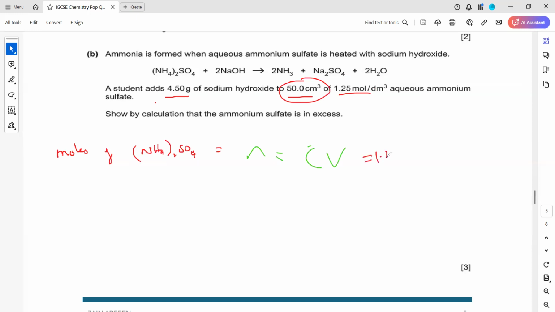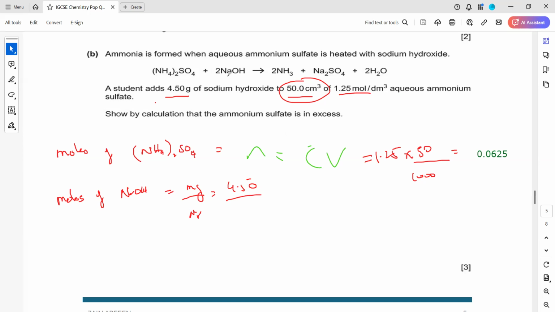So concentration is 1.25 multiplied by 50 divided by 1000. What is the answer for this? How many moles are there for ammonium sulfate? 0.0625. Then we work out the moles of sodium hydroxide, which is mass in gram over molar mass. So mass in gram is 4.5 and for the molar mass, you have to use a periodic table.